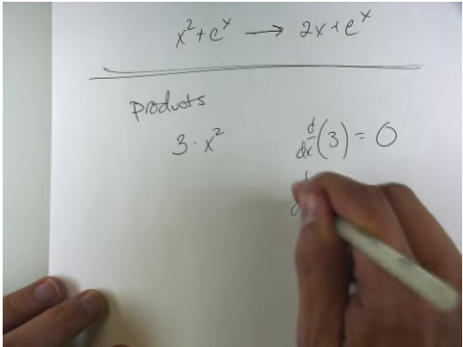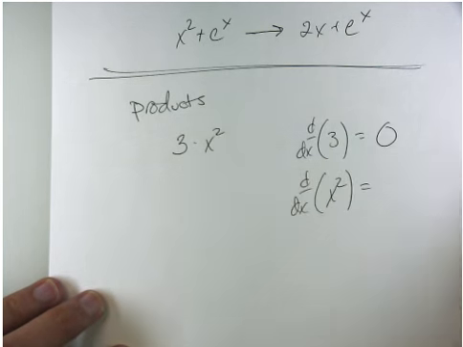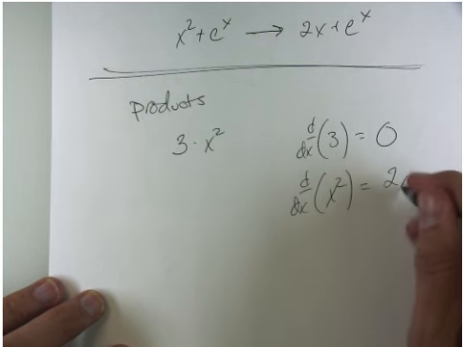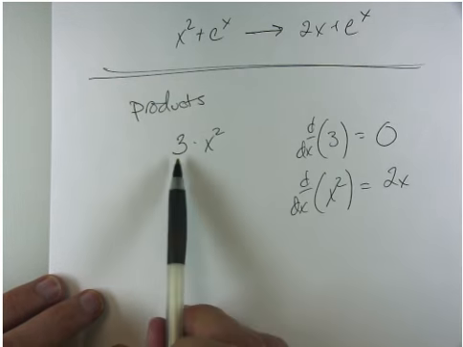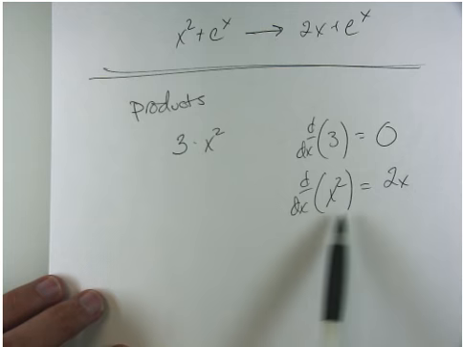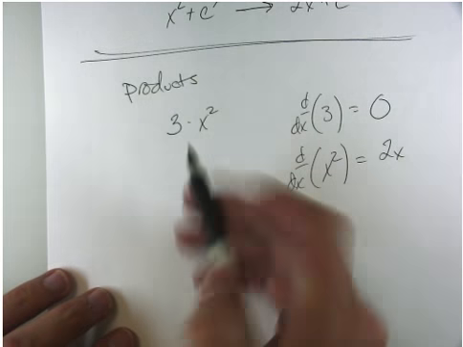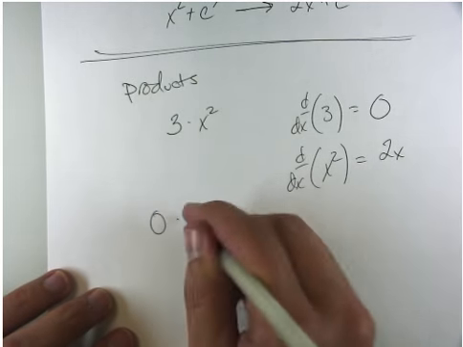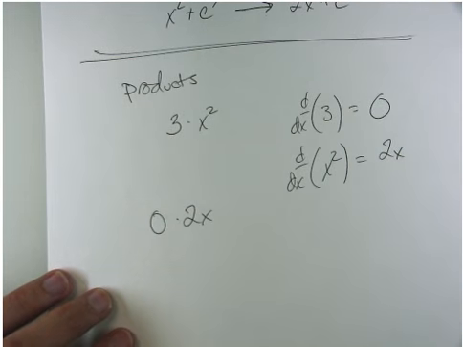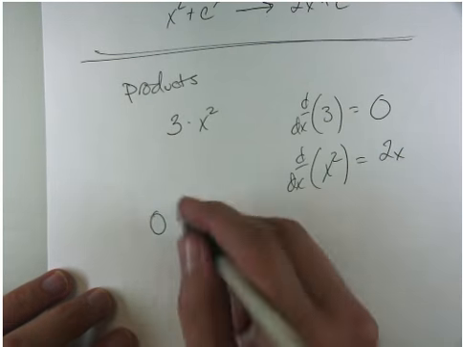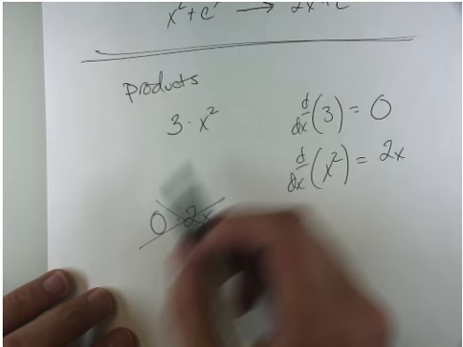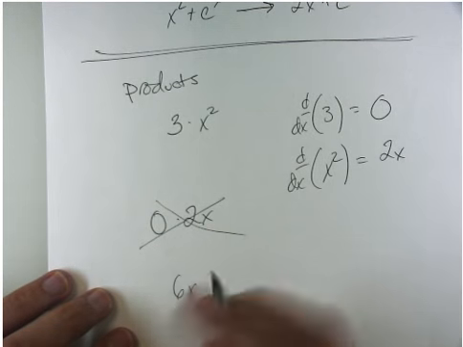And the derivative of x squared is 2x. So is the derivative of 3x squared 0 times 2x? No. The derivative of 3 times x squared is 6x.